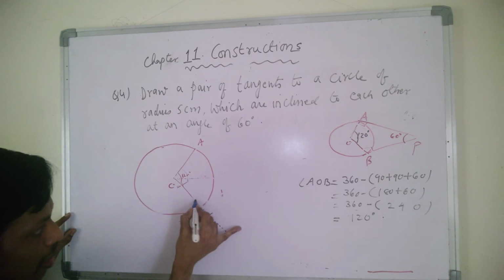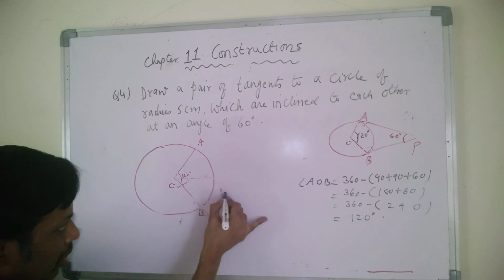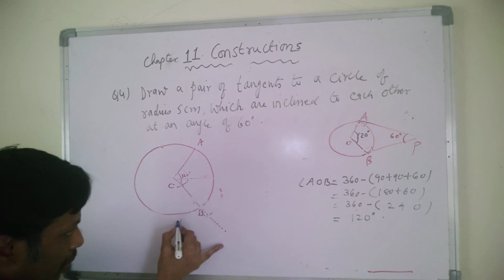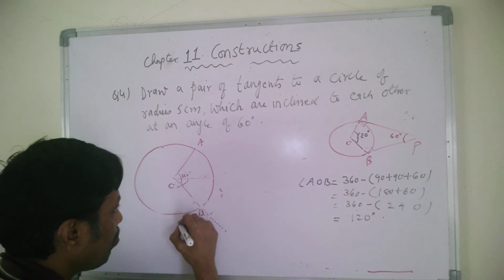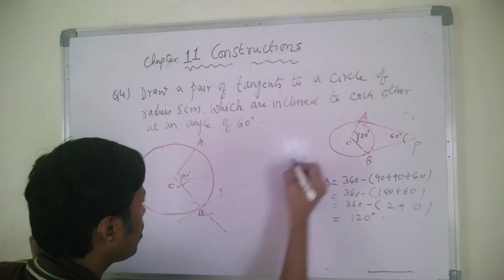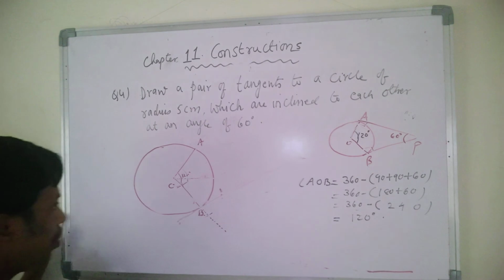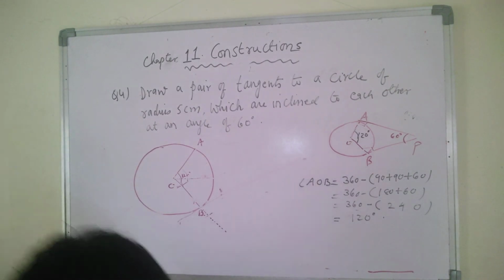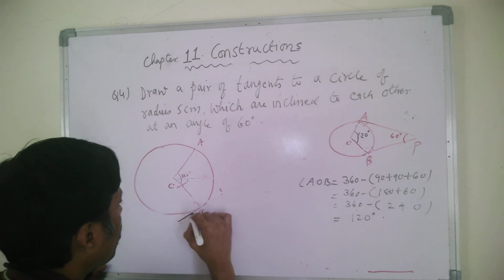At this point cut an arc, at this point cut an arc, and the same at this point keep the rounder, cut an arc, and here, and see that the perpendicular passes through P, like this, right? So you have drawn the tangent passing through B. I hope I have made myself very clear, like this.